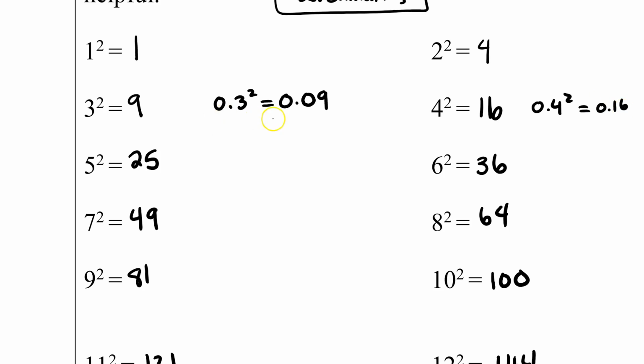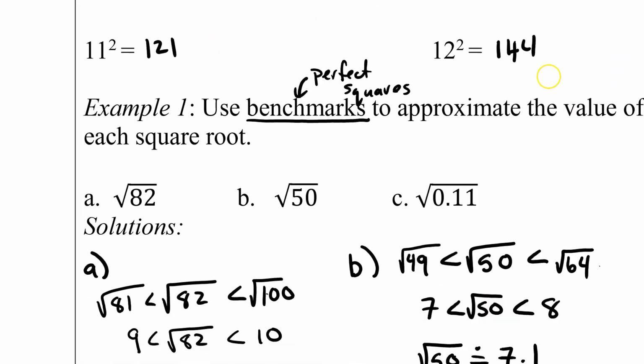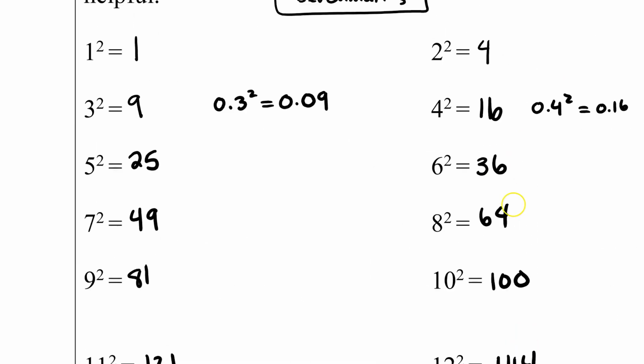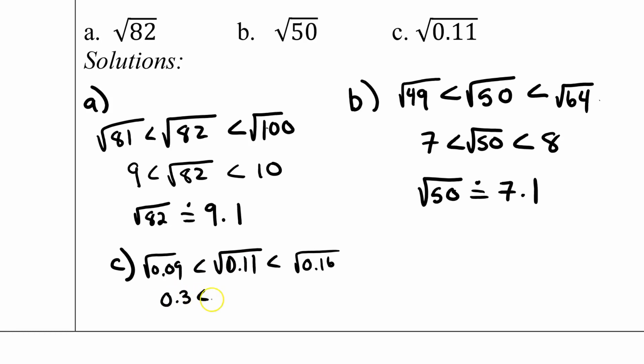So what I'm saying is I can use my knowledge of decimals to help me out with this next one. I chose those ones because 0.11 falls between 0.09 and 0.16. So I'm saying that the square root of 0.11 lives somewhere in between 0.3 and 0.4.